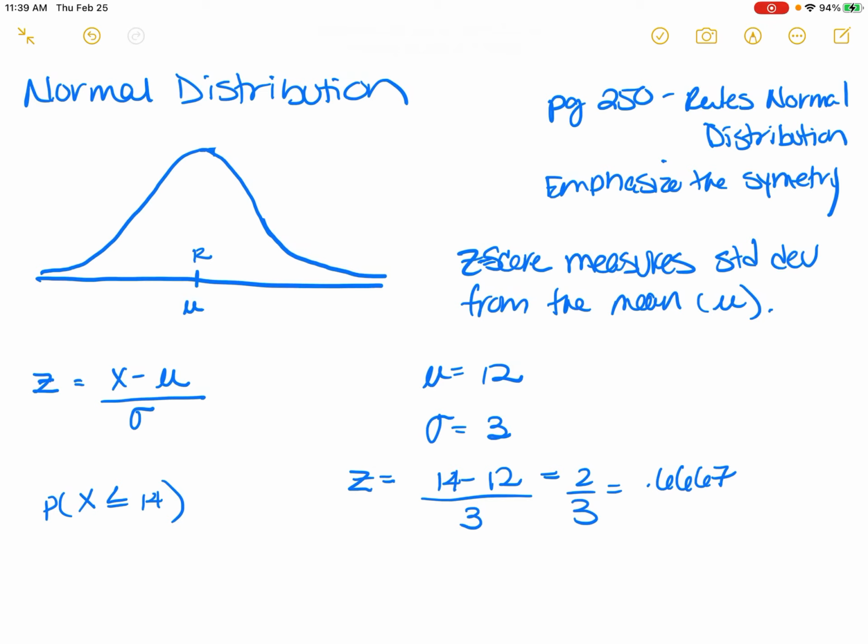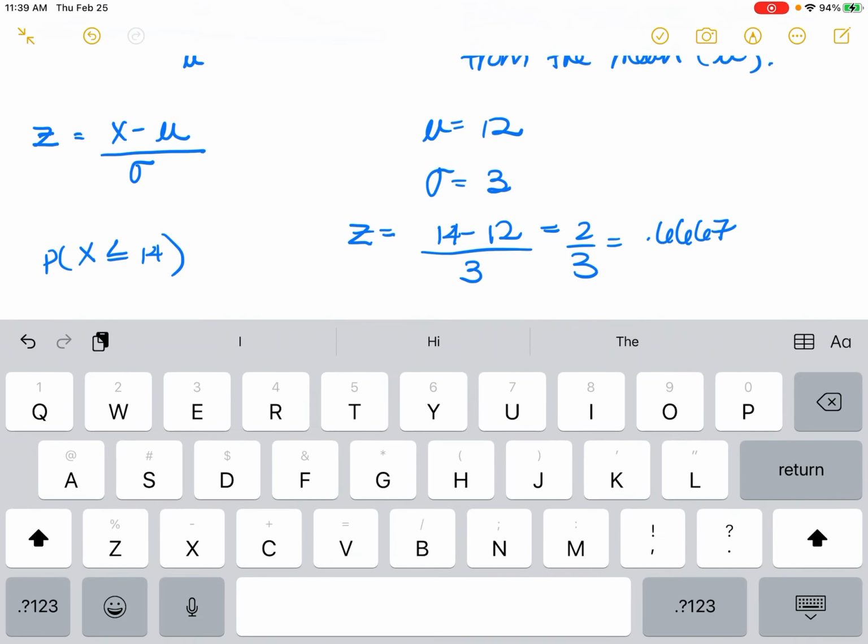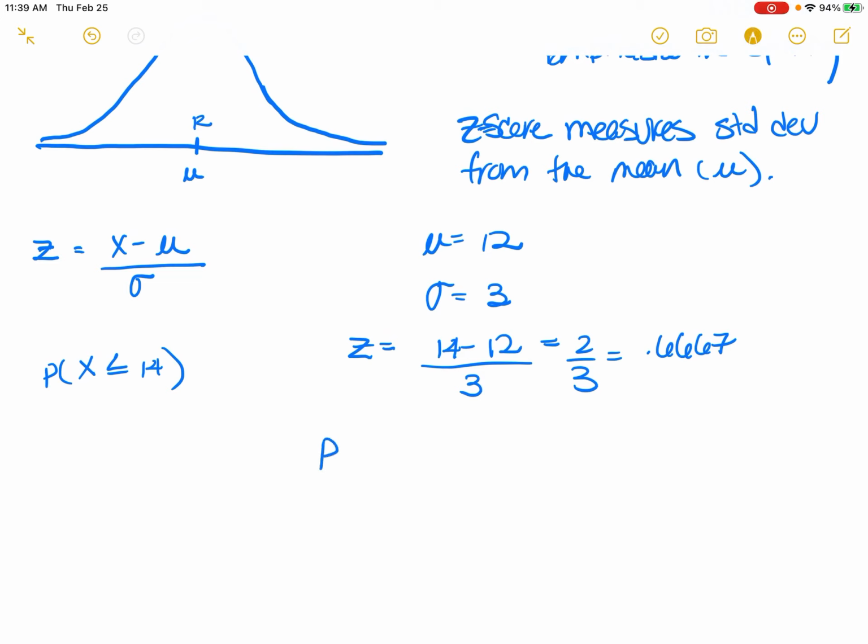And then when we go over 0.07 from 0.6, we know that the probability of x being less than or equal to 14 is equal to the probability of z being less than or equal to 0.6667, and that's going to be 0.7486, looking that up in the table in your book on page 253.